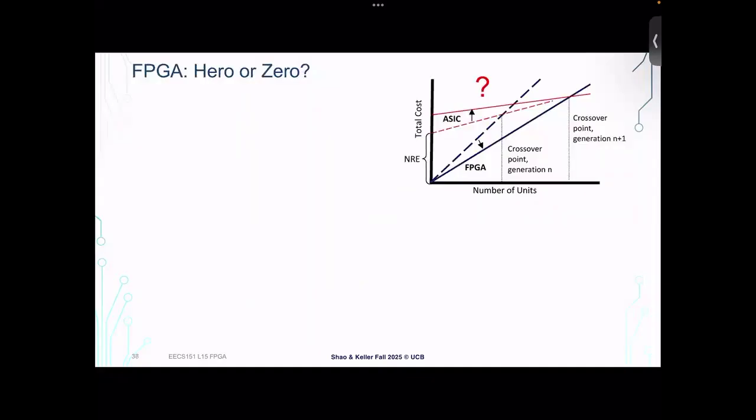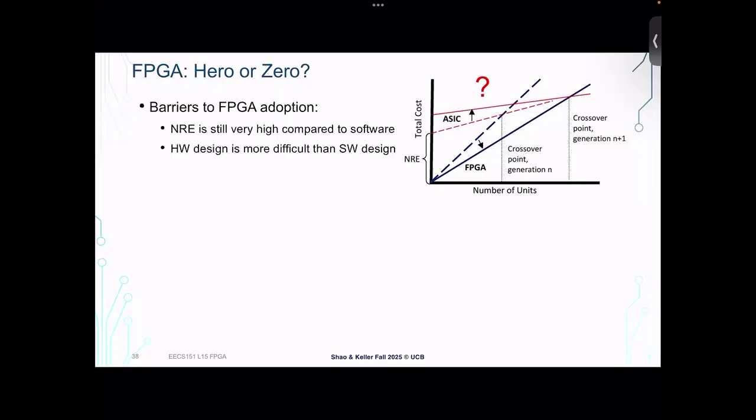So what's the conclusion here? Right. The original promise of FPGAs is that every generation they would get better and better than ASICs. I think that largely has not borne out over time. There are a couple of important barriers to FPGA adoption that have prevented them from kind of taking over the world, I would say.